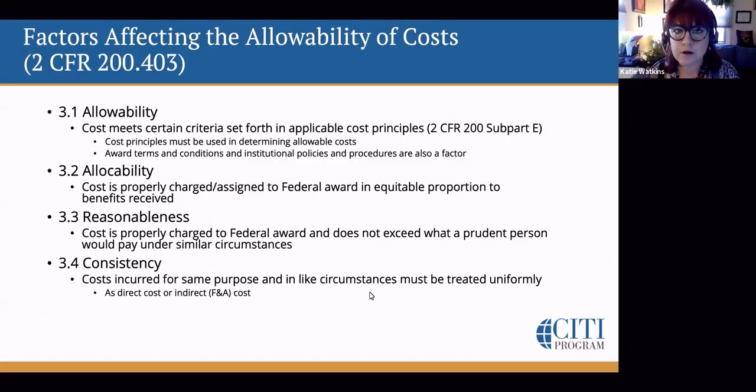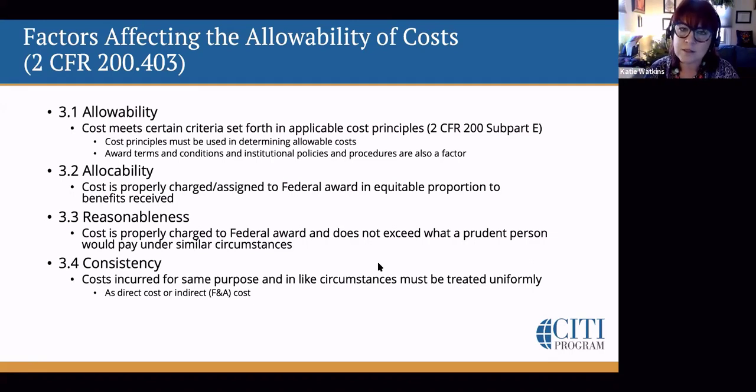So what are the factors that affect the allowability of costs? This may be research administration 101 for some of you, but you really should take a second look at this because it's very important. Allowability is the umbrella term.